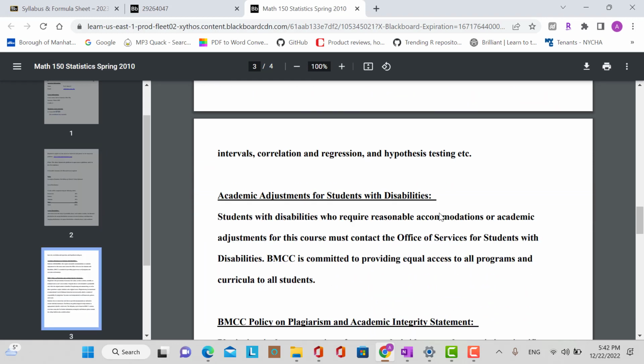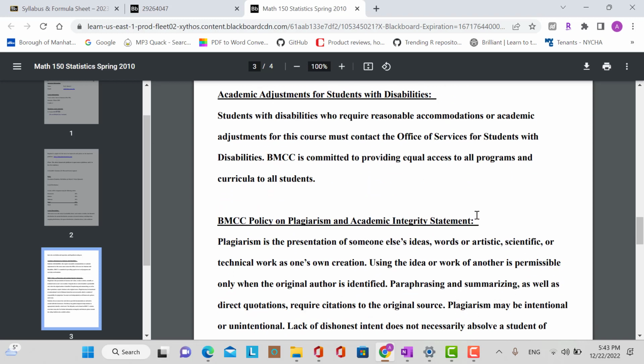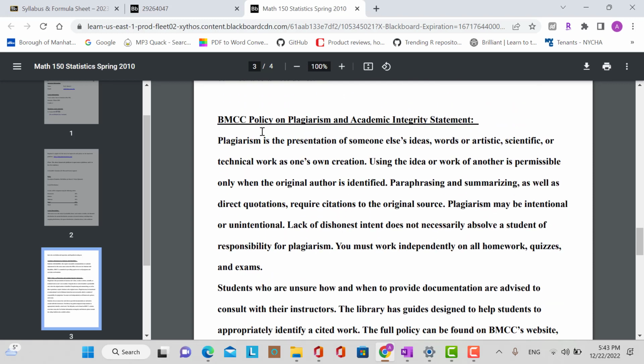Also, if you need academic adjustment for students with disability, you register with the disability office, and you're going to get some accommodation. You just send me an email, identify yourself, and I will provide a proper arrangement for you. Also note the BMC policy on plagiarism and the academic integrity statement.